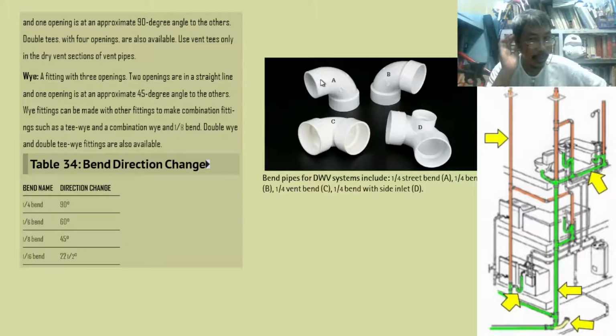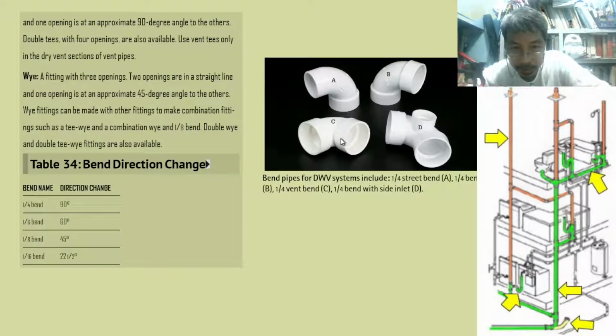I usually hear at the construction site that they are saying straight bend. That is straight bend, not straight. Okay, one port straight bend, and then letter B, one port bend.